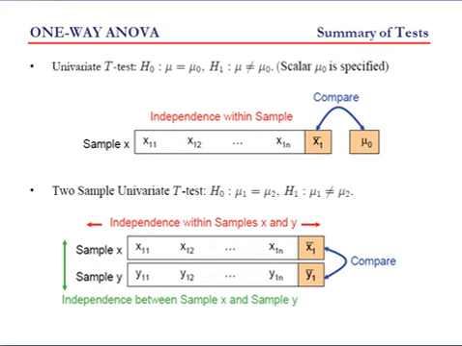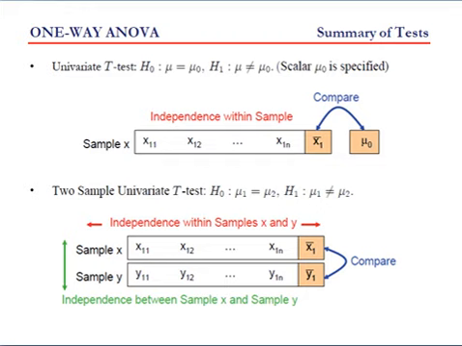Here is a summary of whatever I said. Let's say I have a sample and I want to compare it with a number mu naught, right? Let's say my battery mean value is 25 or 30, where 30 could be months. So I will be using a univariate t-test. A two sample univariate t-test will be used when I am comparing two samples.